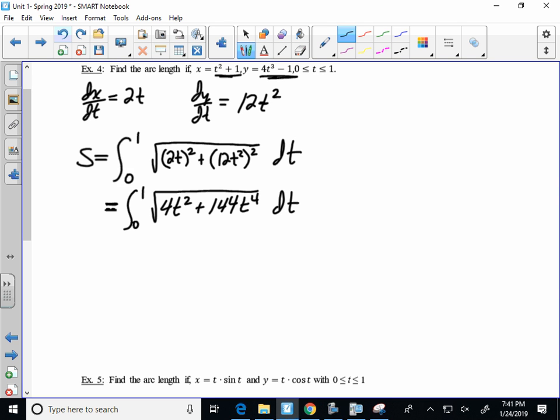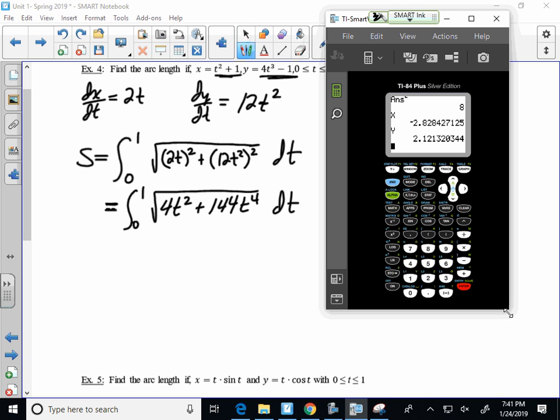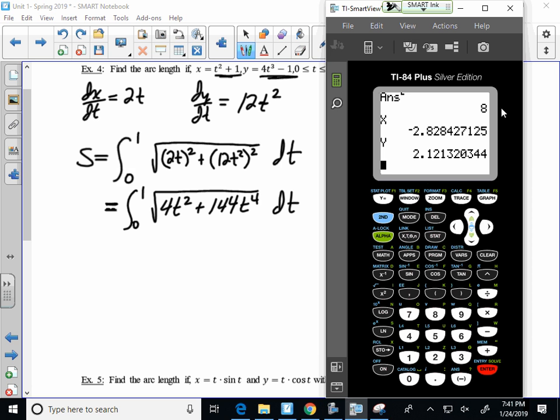Sometimes it involves going back and forth between the different modes on your calculator. This is a function of a single variable, which is fine if you're in function mode. It can get a little funky if you're not. When you're dealing with parametric form, the calculate menu doesn't give you anything related to antiderivatives, so don't even bother looking at it.